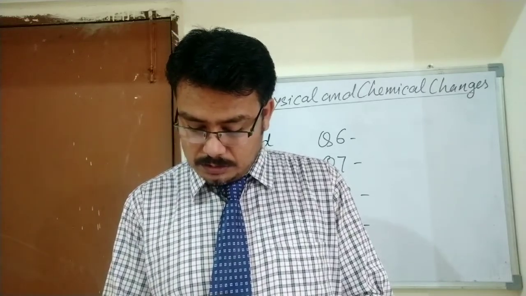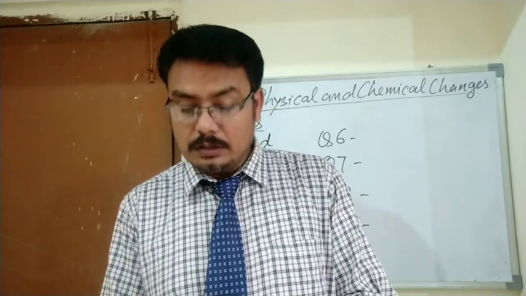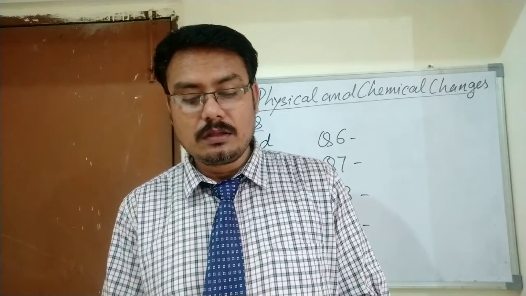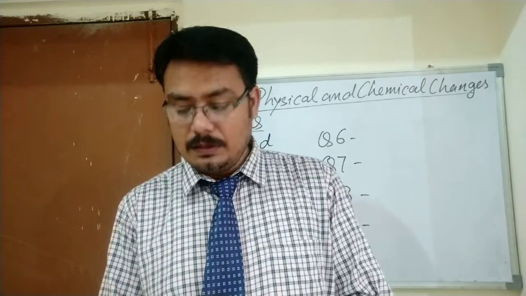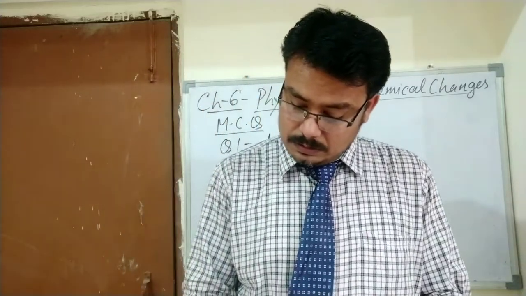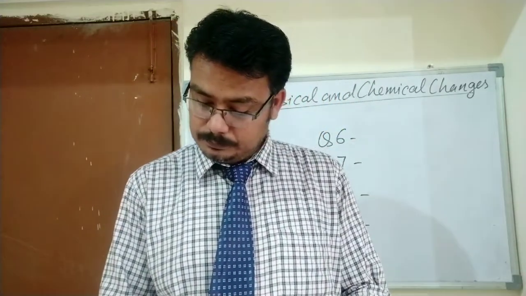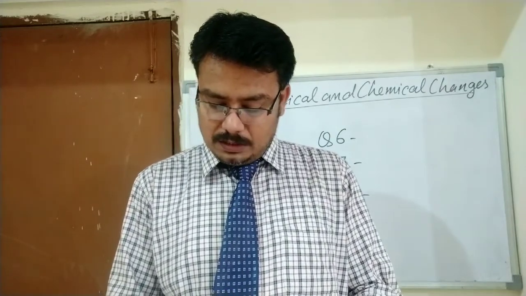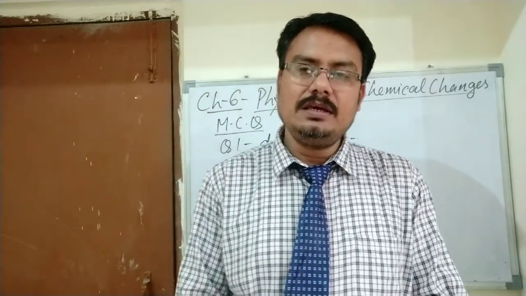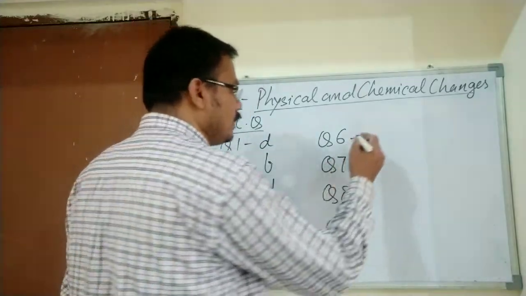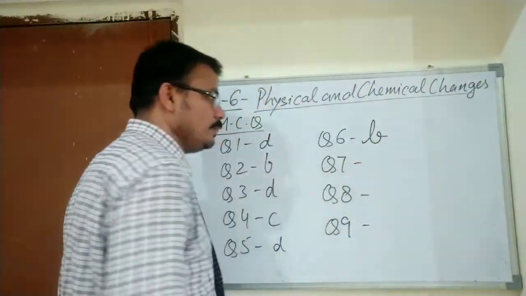So here student, it is written that process B is the chemical change, that is B is the correct option. 6B is the correct option student.